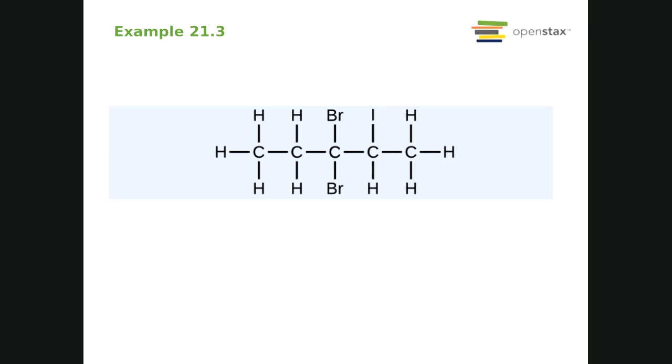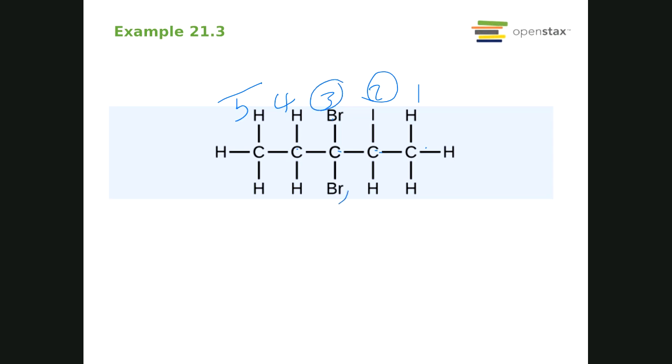Again, 1, 2, 3, 4, 5. So it's going to be 3, 3, and 4. And if you go this way, from right to left, it's going to be 1, 2, 3, 4, and 5. So it's going to be 2-iodo and 3-bromo and 3-bromo.